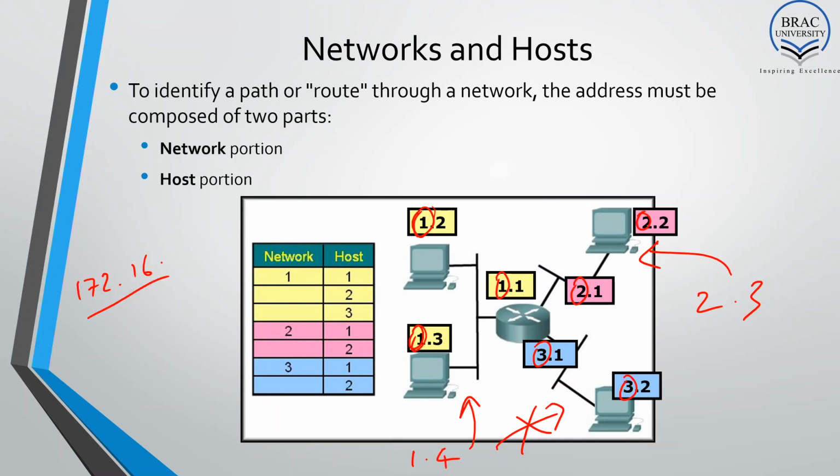Now there's the host, so 1.2, this part uniquely identifies a host. All the computers in BRAC will begin with 172.16, but these last two parts will differ in each case.